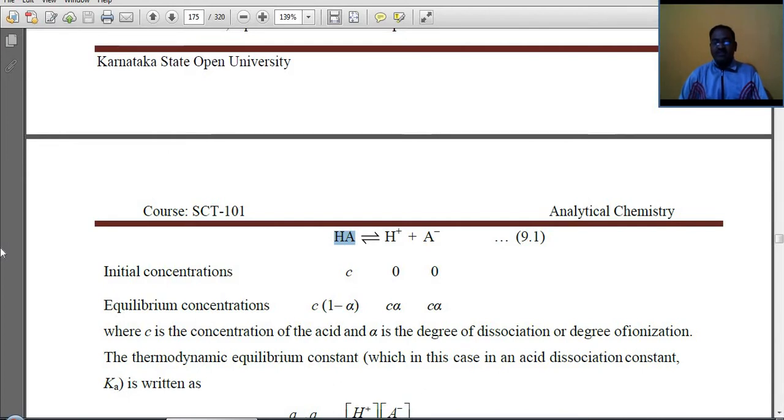At equilibrium, alpha is the degree of dissociation. That's why at equilibrium the concentration of HA is C into 1 minus alpha. What about H plus and A minus? They are of equal concentration, C alpha and C alpha.